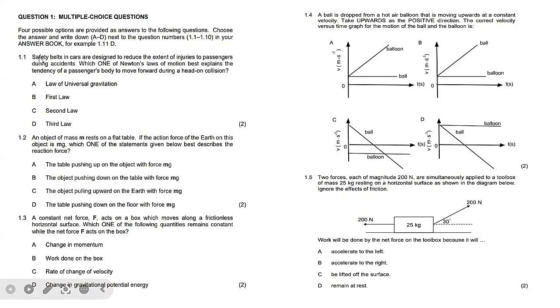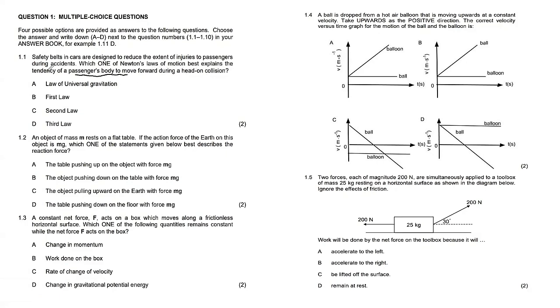Now, 1.1 says safety belts in cars are designed to reduce the extent of injuries to passengers during accidents. Which one of Newton's laws of motion best explains the tendency of the passenger's body to move forward during a head-on collision? Right.